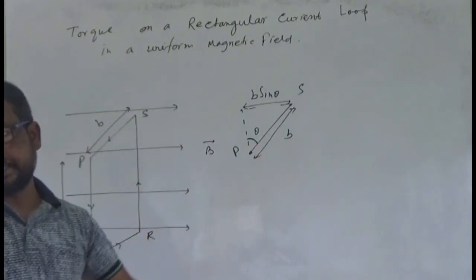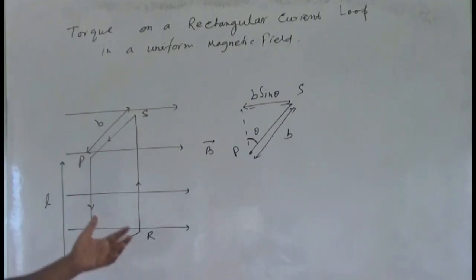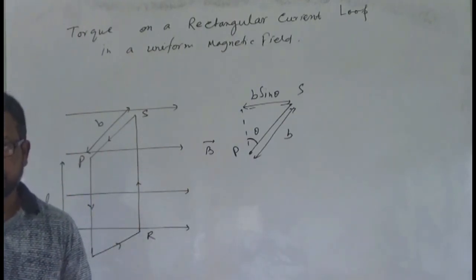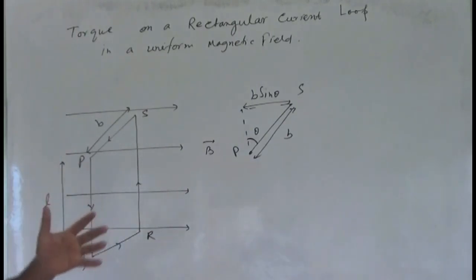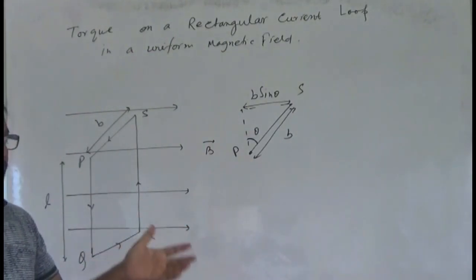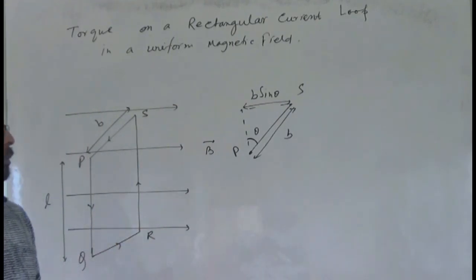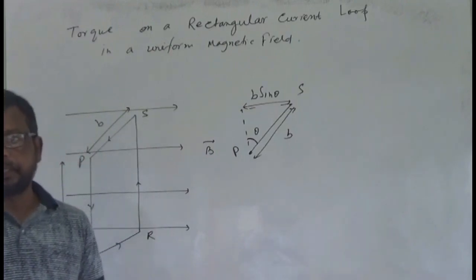Just recall that result. We have already discussed that an electric dipole in a uniform electric field experiences no force, but it will experience a torque, and that torque will try to align the dipole in the direction of the electric field.